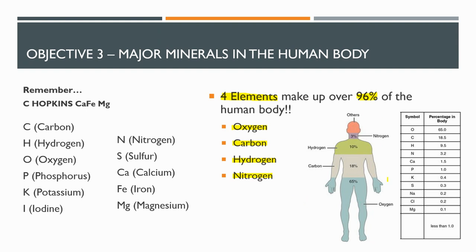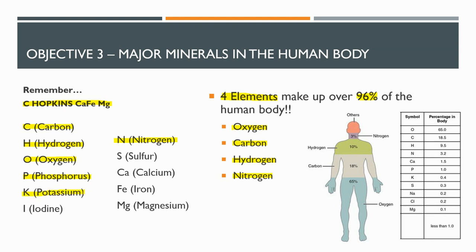Now, as I mentioned, these are not the only elements that you'll find. There's a lot of other important elements in the human body, and if you want to remember those, there's your little device to help you remember those. And here you have your top four. They are included in that list, but some other ones that you might find in the human body that are very important are phosphorus. That's going to be in those macromolecules.